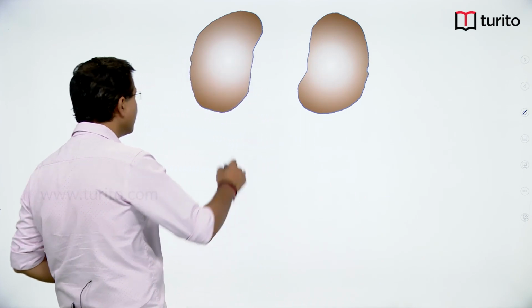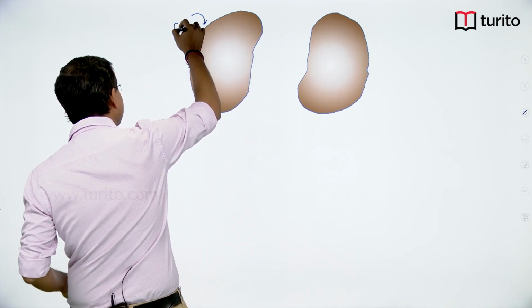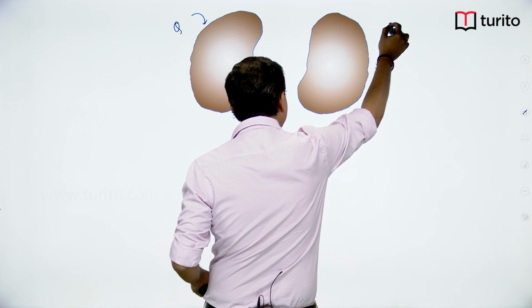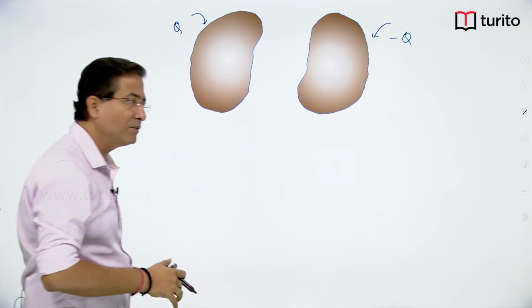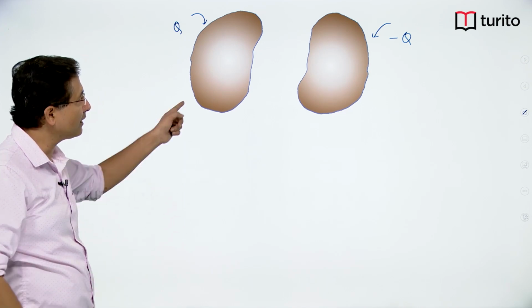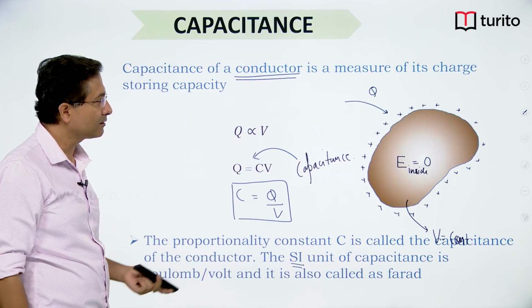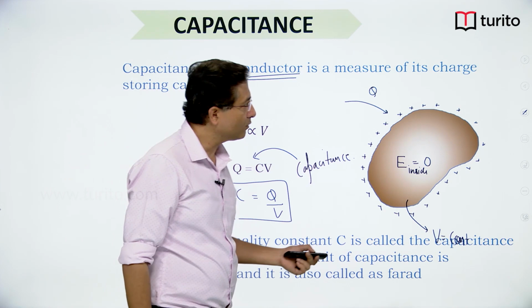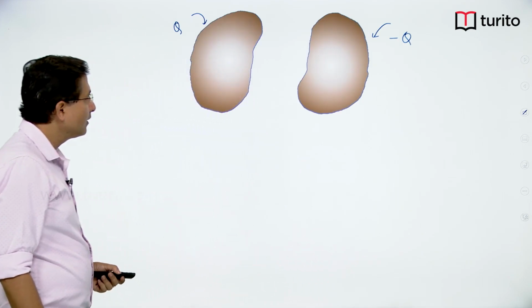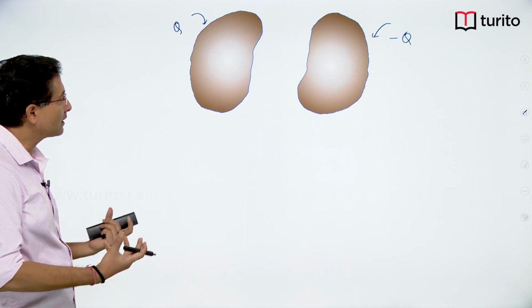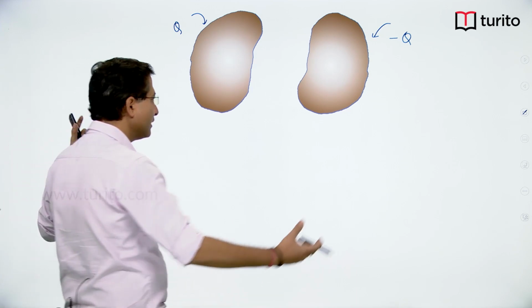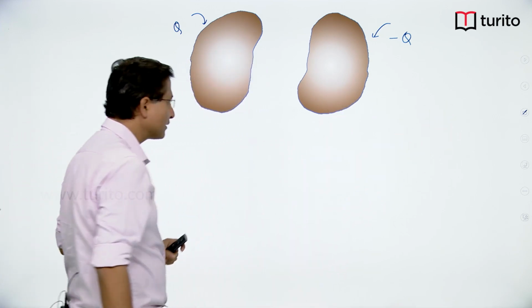So, I give Q charge to this one and minus Q charge to this one. Now, this arrangement will give me more capacitance as compared to the earlier arrangement, right. So, in order to have larger capacitance, I can have two conductors kept at some finite distance this way.